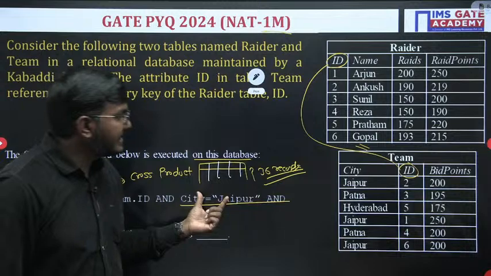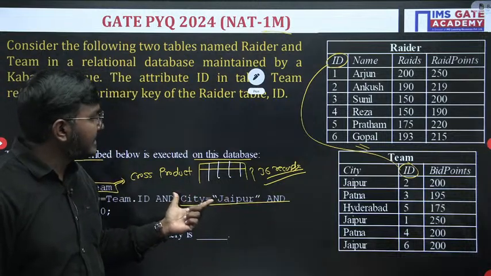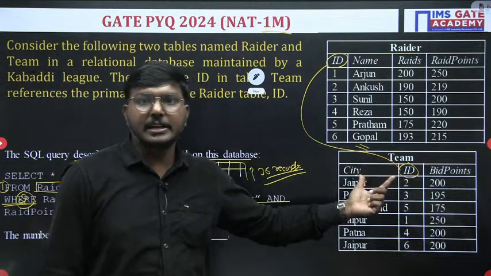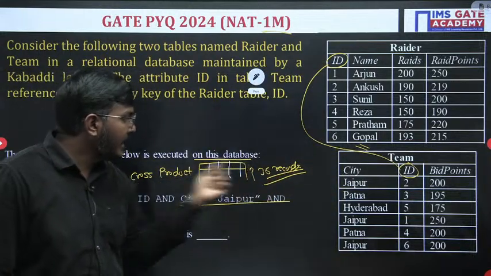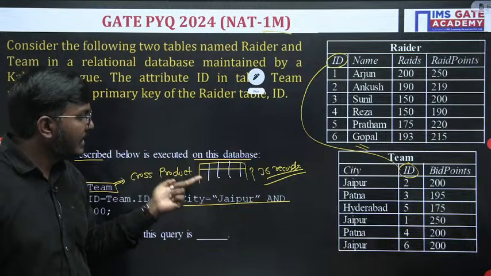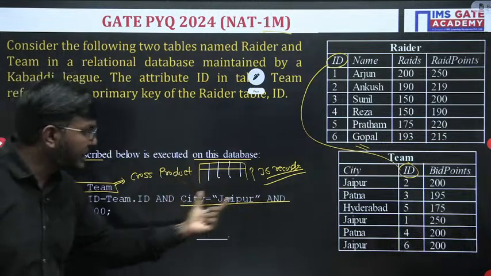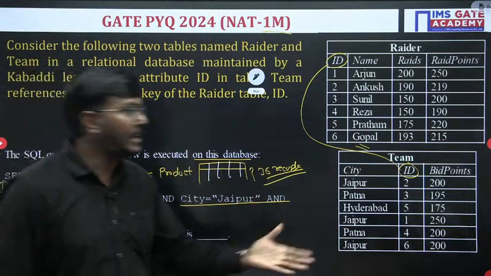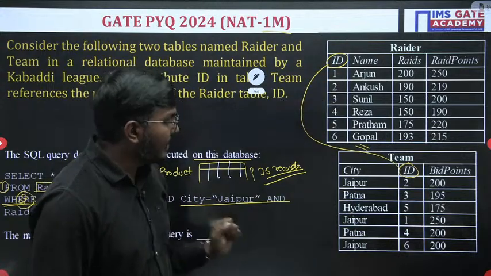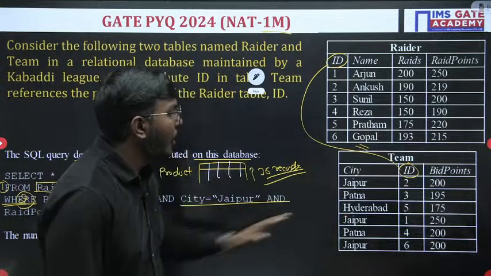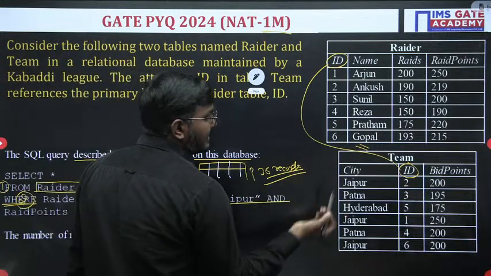This city is present in the team table. After combining, we get the 36 records, and in those 36 records we select the records having city equal to Jaipur. Technically, any pairing of a radar record with a non-Jaipur city will be rejected.